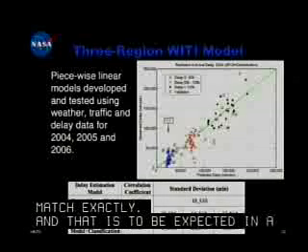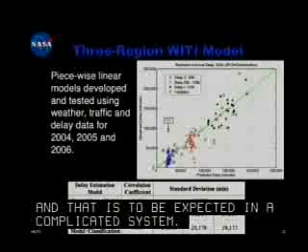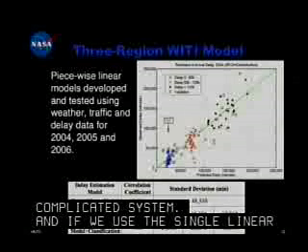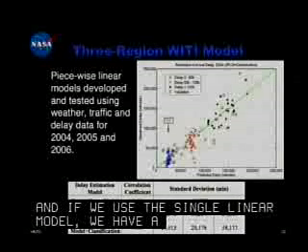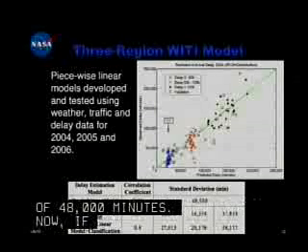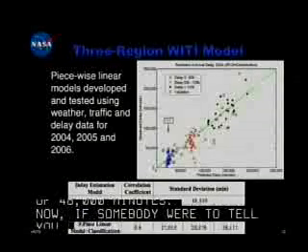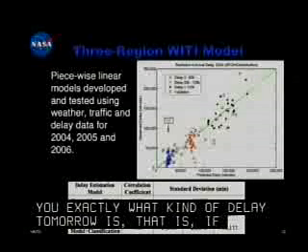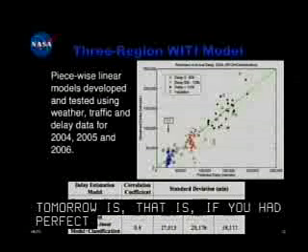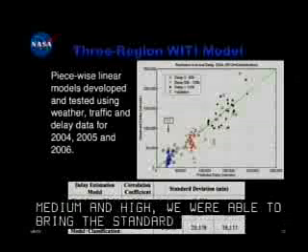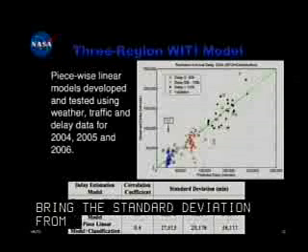If we use the single linear model, we got a correlation coefficient of 0.54 with a standard deviation of 48,000 minutes. Now, if somebody were to tell you exactly what kind of delay tomorrow is, that is, if you had perfect classification into low, medium, and high, we were able to bring the standard deviation from 48,000 to 18,000, 16,000, and 37,000.